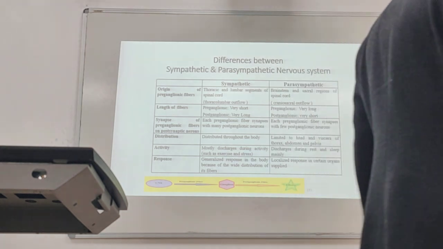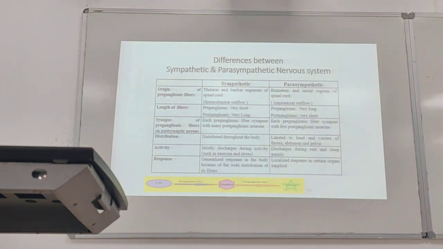I repeat once again. Sympathetic is supplied to all the smooth muscles of the body, to all the glands of the body, and to the cardiac muscle. Agreed? So all means all. Do I have smooth muscle in my leg? Yes, in my blood vessels, arteries, veins.